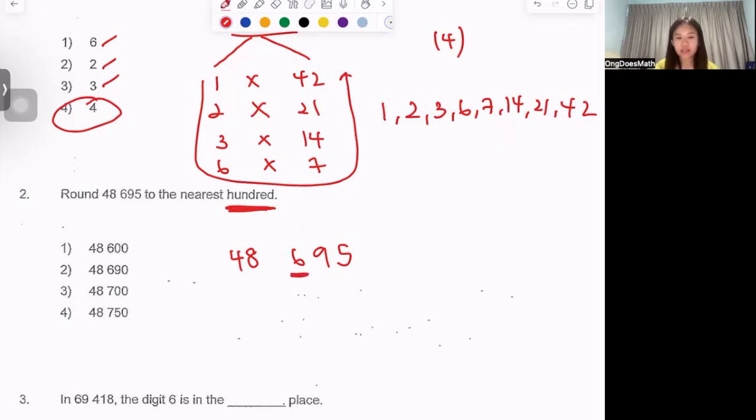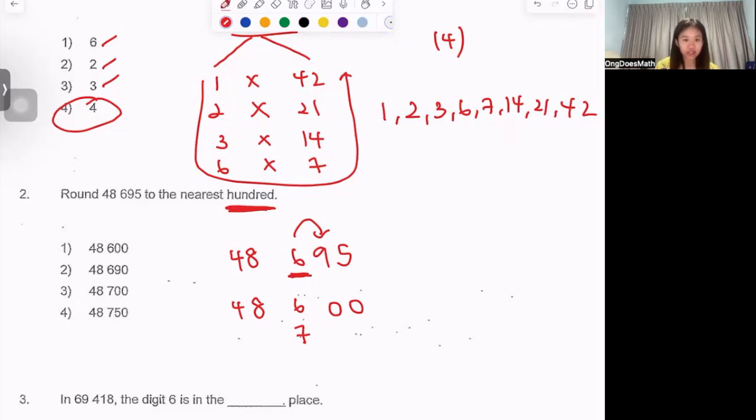All the digits to the left of 6 will remain, and the digits to the right of 6 will be 0. So the only number that will change is this hundreds place. You can either keep it or round it up depending on the digit next door, as in the neighbor to the right.